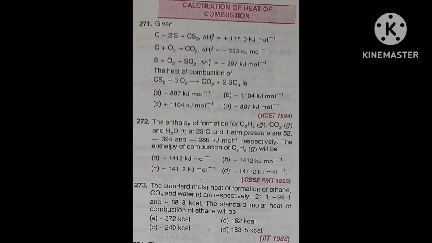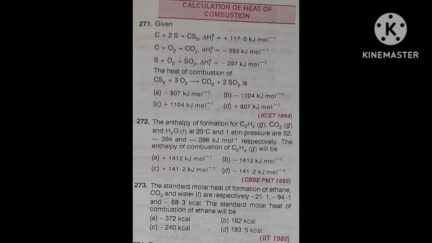Here actually you have to calculate the enthalpy of combustion of C2H4 gas. Combustion means C2H4 will react completely with oxygen, O2. So first write the reaction: C2H4 plus O2 gives CO2 plus H2O, and you have to balance it.